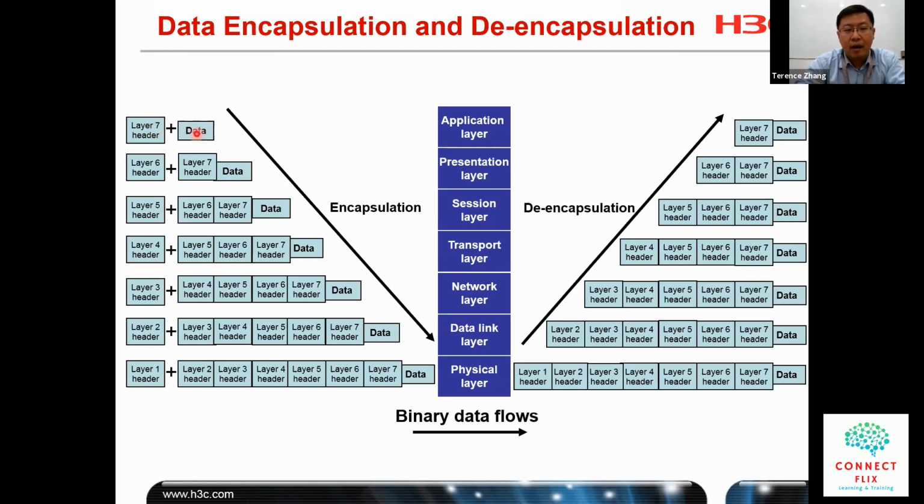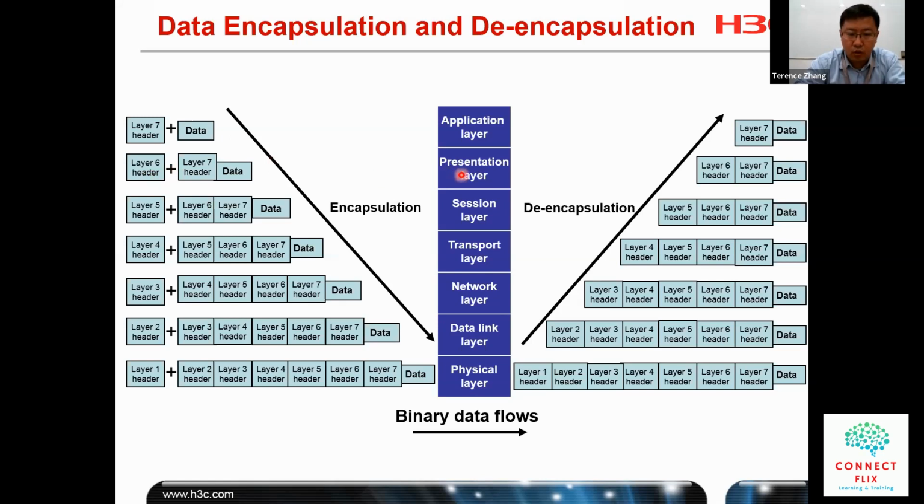After doing so, the application layer will pass it down to the presentation layer. Because we don't know what the actual presentation layer is on a computer, we just say it's a presentation layer, right? Maybe it's Outlook, maybe it's not, but it's on the computer.